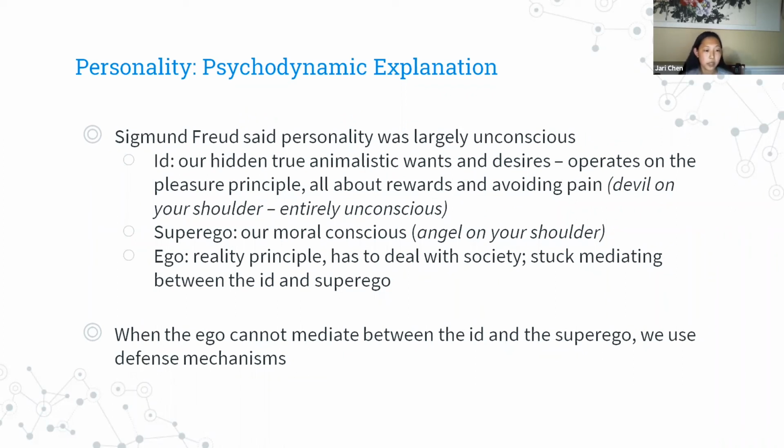Then there's the superego, which is the super good stuff, your angel on your shoulder. And then there's the ego, which deals with society. It has to mediate between your id and your superego. So when the ego cannot maintain this balance, we use defense mechanisms.